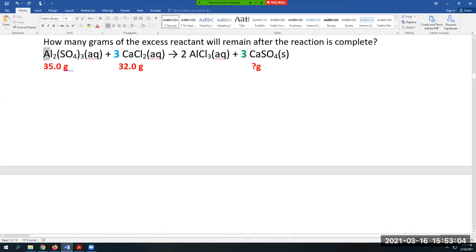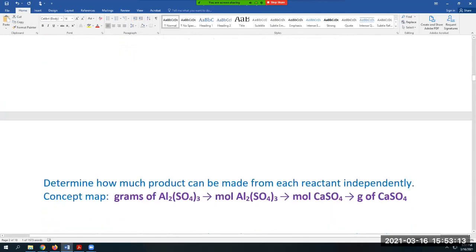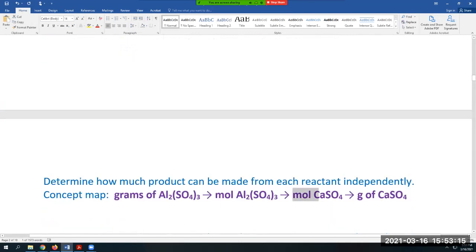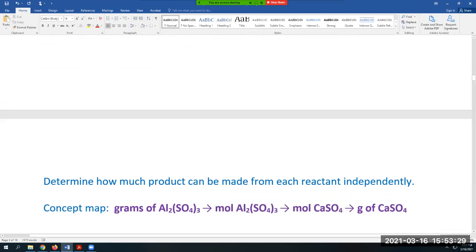So grams of aluminum sulfate to moles. And then from the moles, we will convert the moles of these to moles of calcium sulfate, right? It's a gram to gram stoichiometry calculation with moles of a reactant changing into moles of a product in the middle.